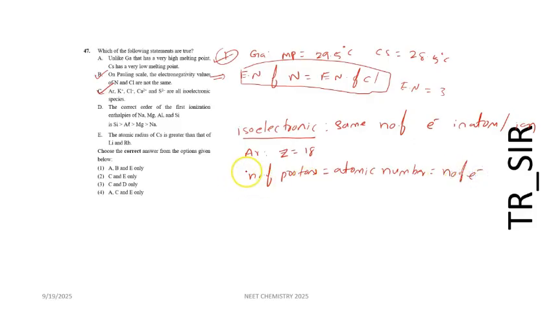So the atomic number is nothing but the number of electrons available in the particular species. Now you can see here, argon's atomic number is 18, that means argon has 18 electrons. Then potassium's atomic number is 19. Potassium plus 1 means loss of an electron, so 19 minus 1 is again 18 electrons.